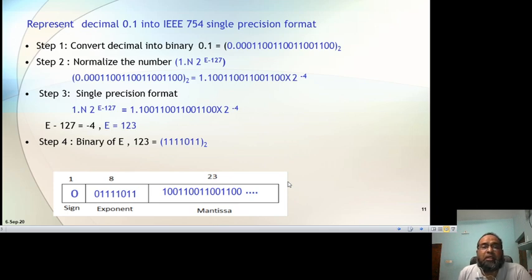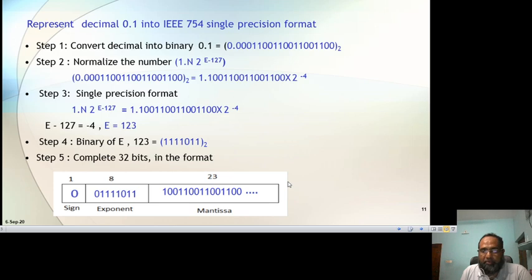So we are converting decimal 0.1 into IEEE 754 floating point. It's a small number, but you can represent it very clearly using floating point format. A huge range of numbers can be represented using IEEE 754 single precision format.